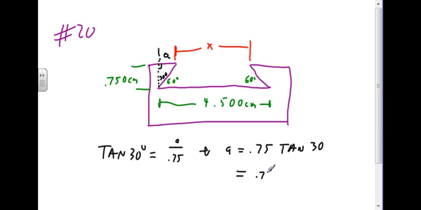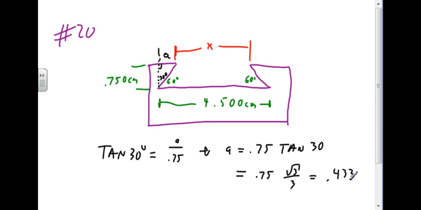So this would be 0.75 square root of 3 over 3. 0.75 times tangent 30 is 0.433.